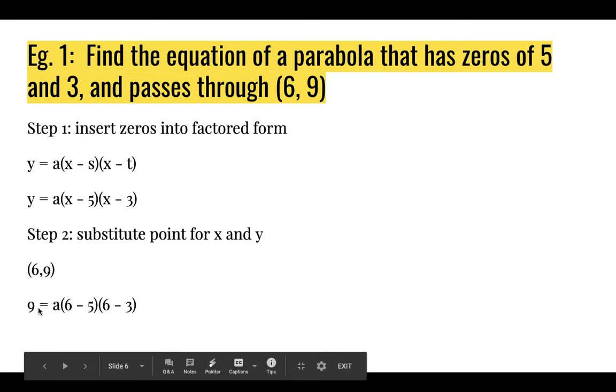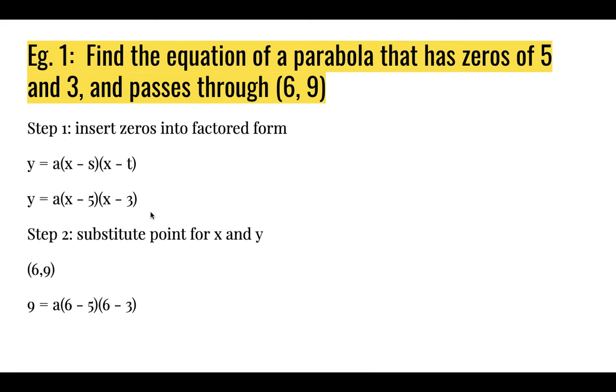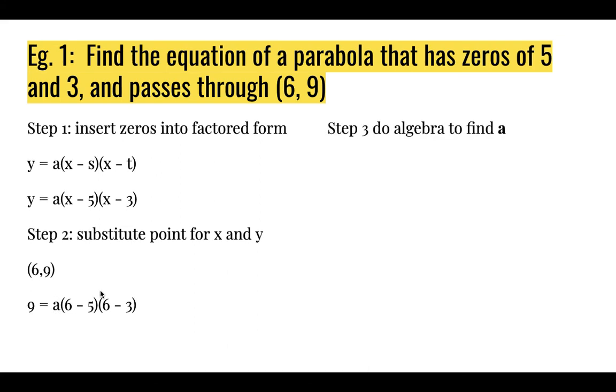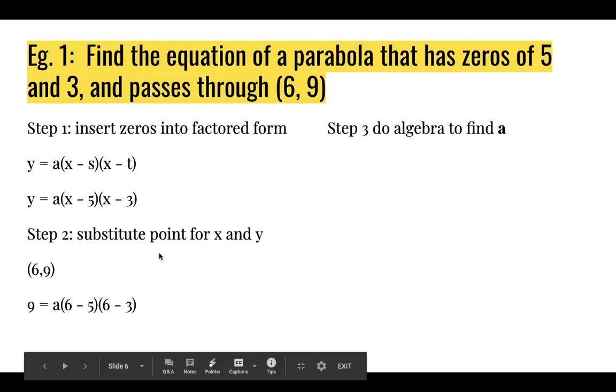So we get 9 equals a times (6 minus 5) times (6 minus 3). Okay, now to find a, it is the only variable that we don't know right now. So we're going to do step 3, do our algebra to figure out what a is. So 6 minus 5 is 1, so I change that to a 1, and 6 minus 3 is 3.